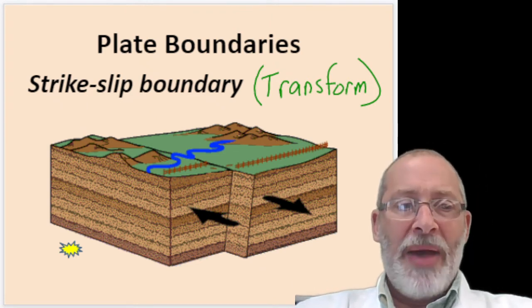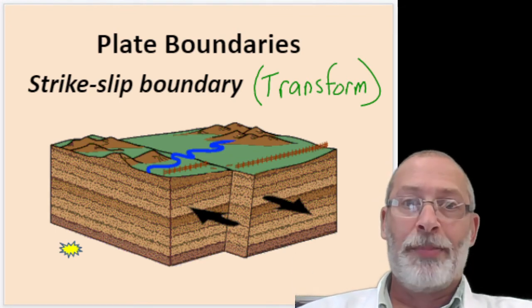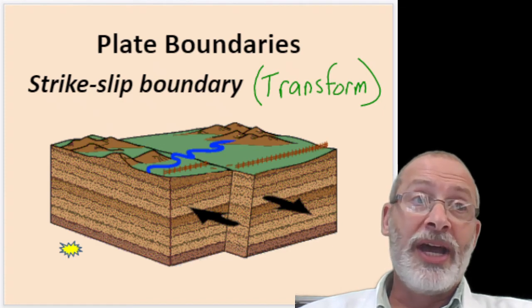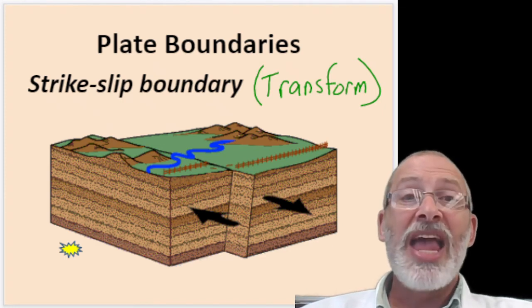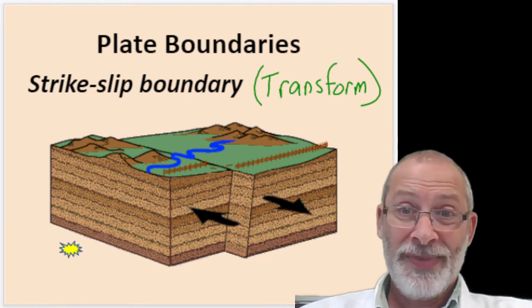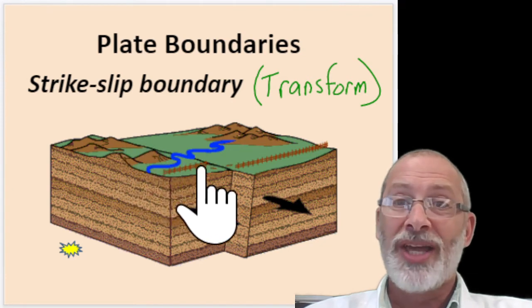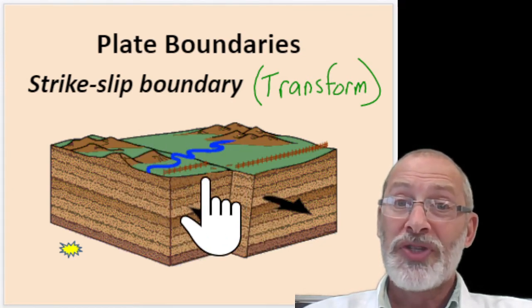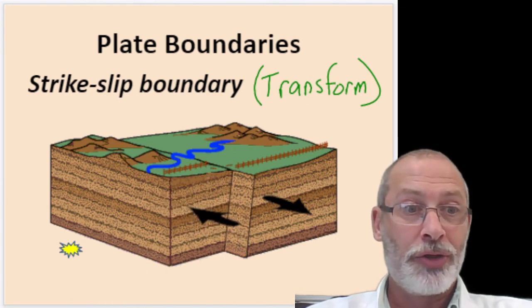Strike slip boundaries. There's one famous example of a strike slip boundary in the world, and it's right here in the United States, and it's near Los Angeles. It's the San Andreas Fault. The San Andreas Fault is right along a strike slip boundary. And you can get a lot of buildup of forces moving in opposite directions until you have a major earthquake.